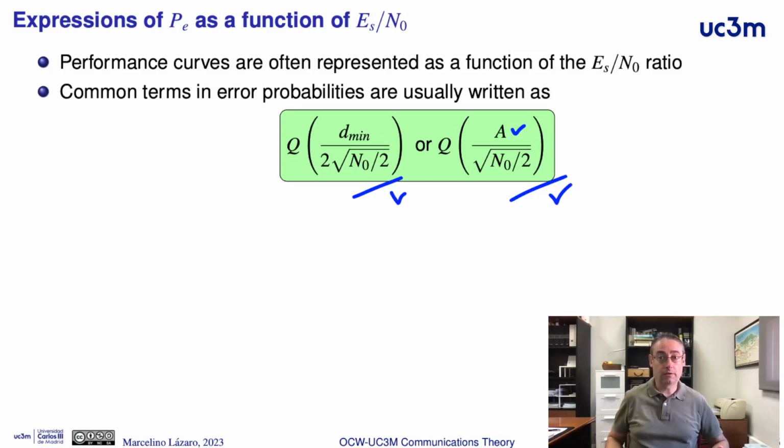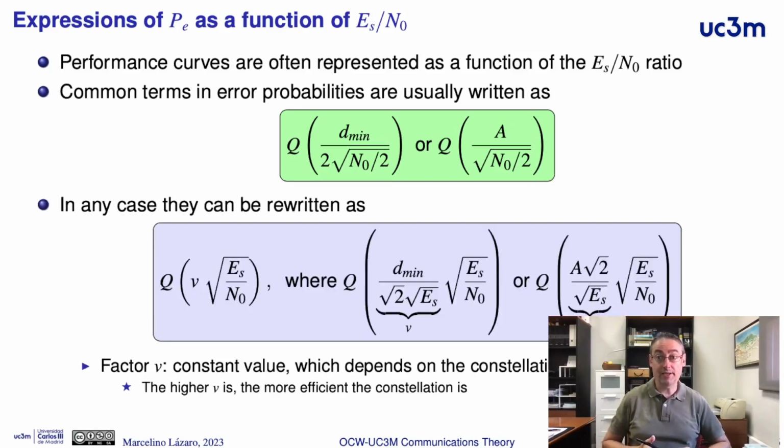With straightforward calculations, just rearranging terms, it's possible to rewrite these terms as Q of a given factor times the square root of the ratio between ES and N0.